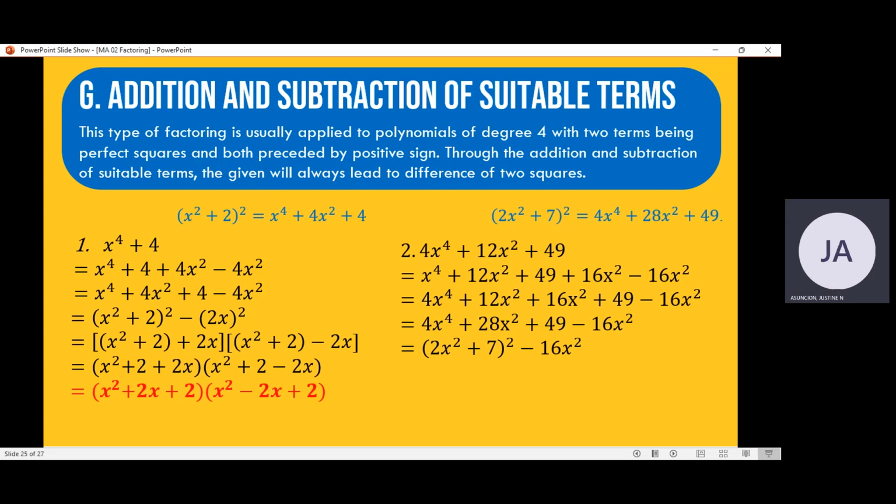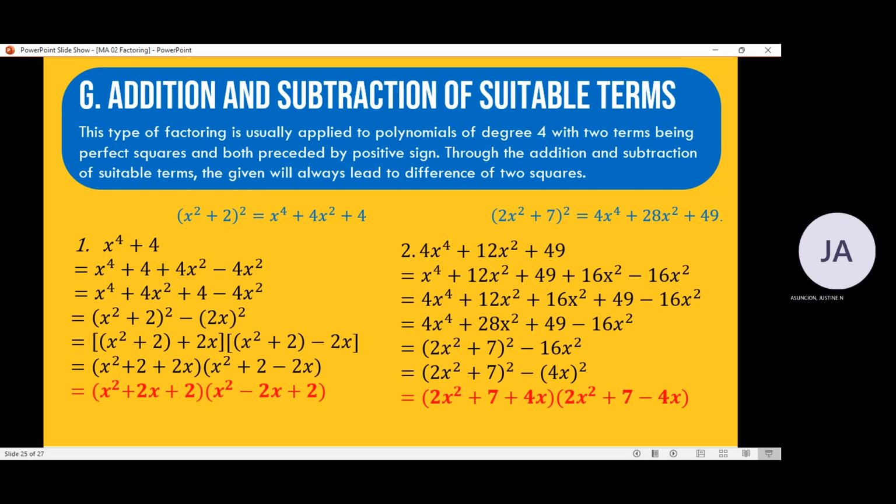Again, it leads us to the difference of two squares. So we have quantity 2x squared plus 7 squared minus quantity 4x squared. So we have 2x squared plus 7 plus 4x times the quantity of 2x squared plus 7 minus 4x. You can rewrite this as quantity 2x squared plus 4x plus 7 and then quantity 2x squared minus 4x plus 7.